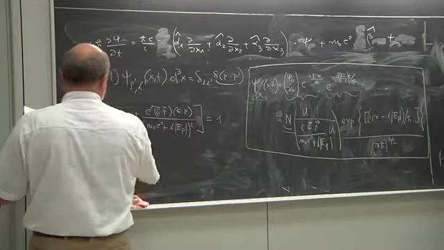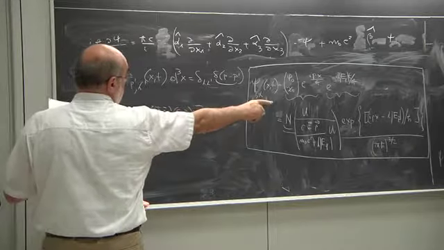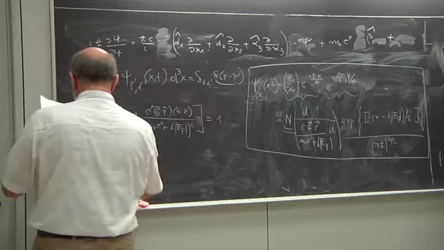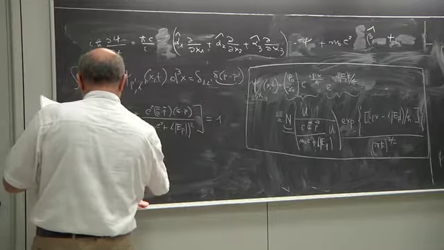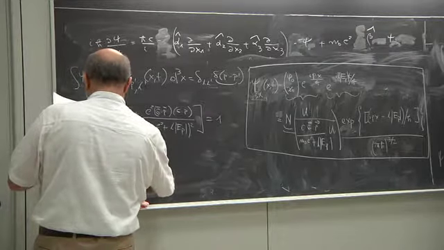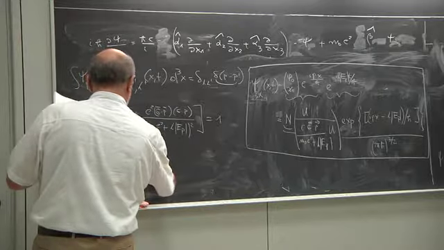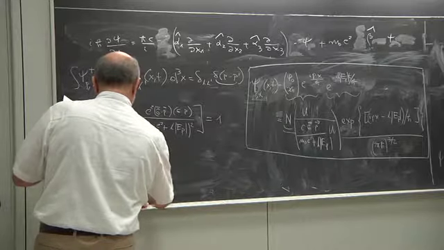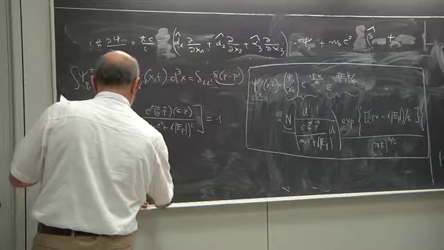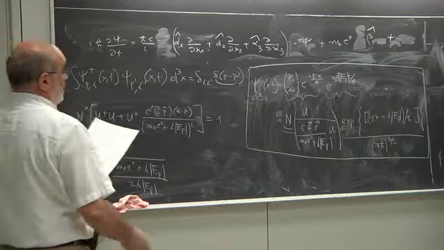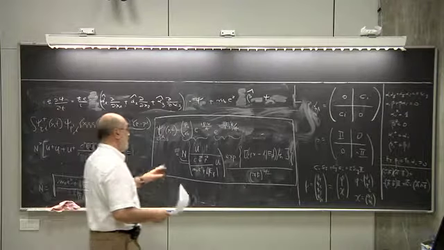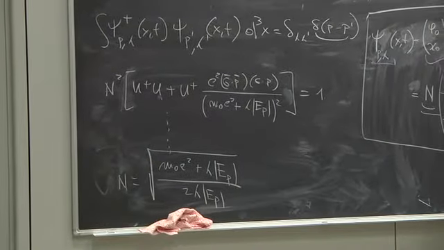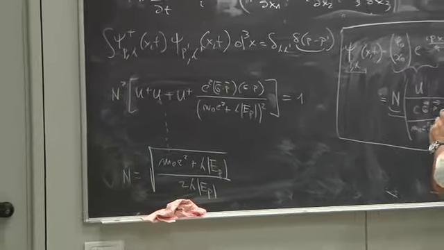You do all the things, use that identity for the sigma matrices and so on, and the result is that the normalizing constant is the following: m0 c squared plus lambda EP over 2 lambda EP. So we were right in keeping something different from 1, because even if the u were normalized, the N was not normalized.